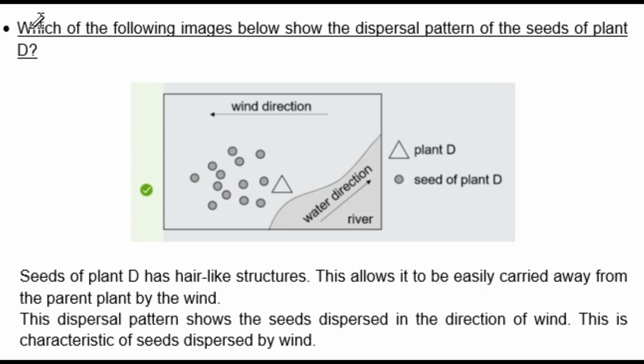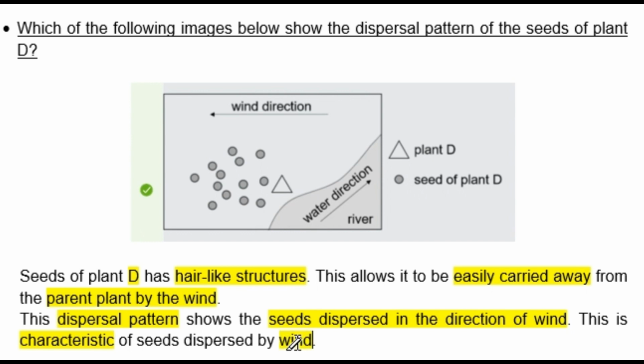Which of the following images below show the dispersal pattern of the seeds of plant D? Seeds of plant D have hair-like structures. This allows them to be easily carried away from the parent plant by the wind. This dispersal pattern shows the seeds dispersed in the direction of the wind.